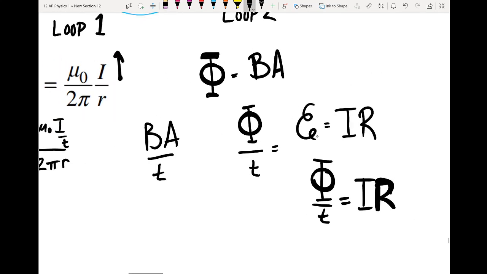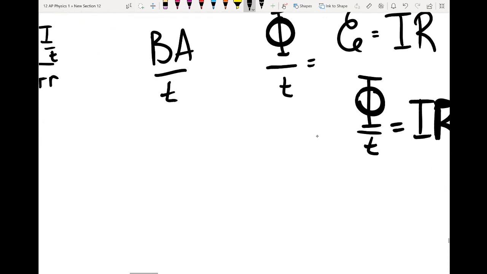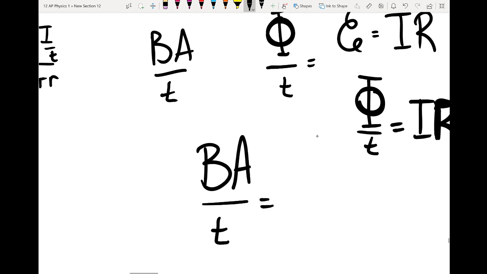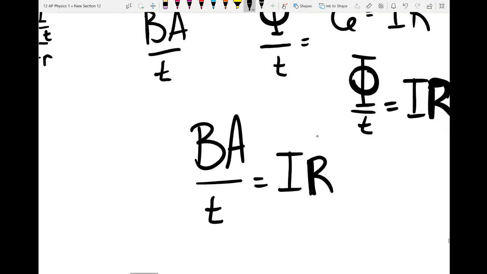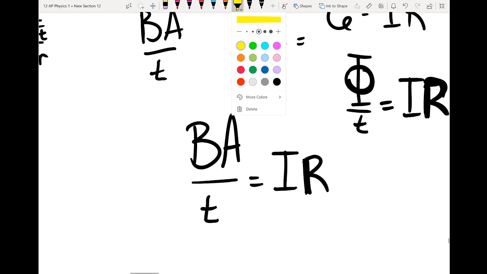So if we replace our flux with the actual B times A equals I times R, what we can say is, well, area is not changing, so area is a constant. Let me highlight the constants.